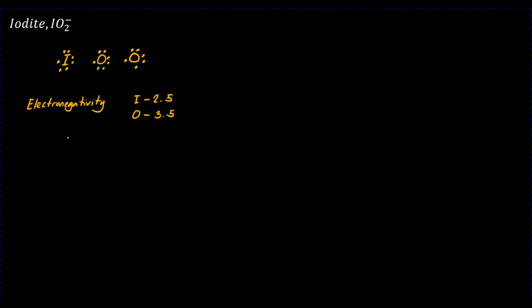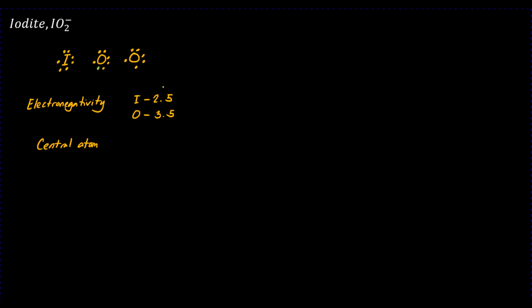The next step, to draw the structure of the ion, is to decide which of these 3 atoms will be the central atom. In most examples, the information about electronegativity can help us guess which atom is more suitable to be the central atom.